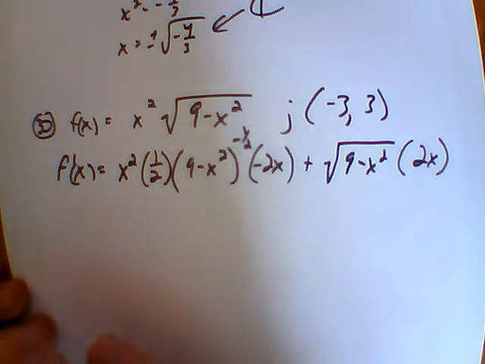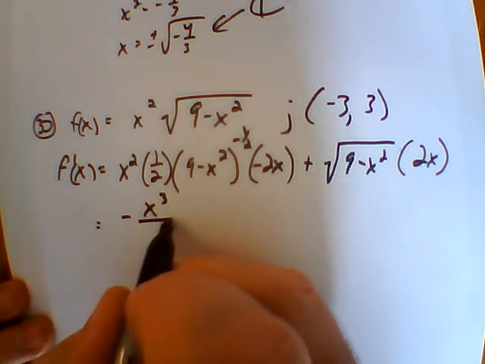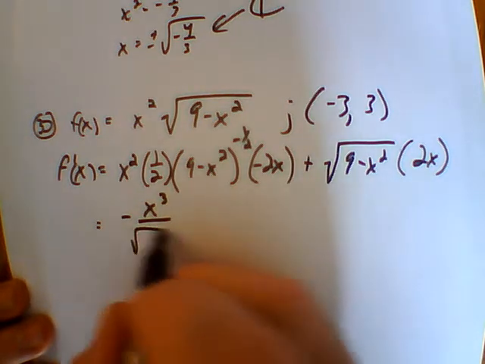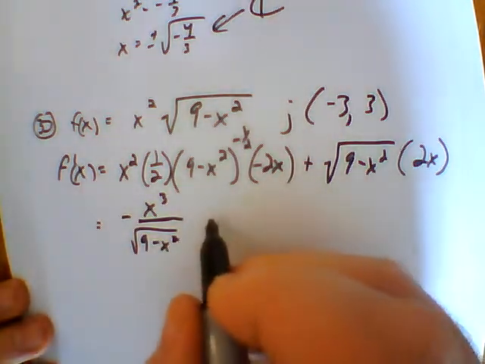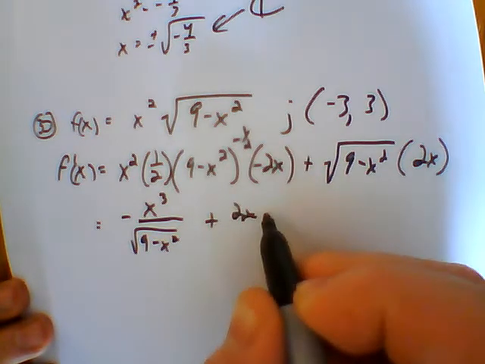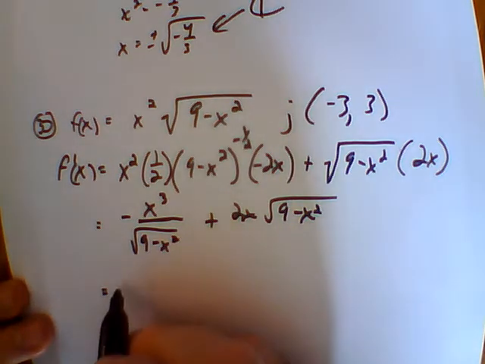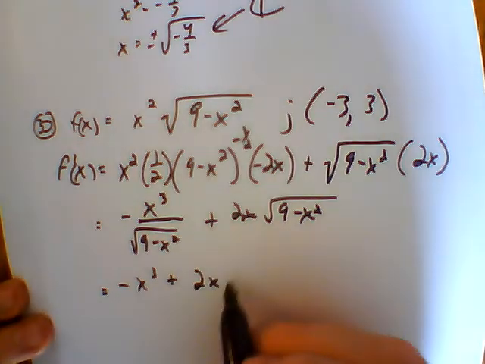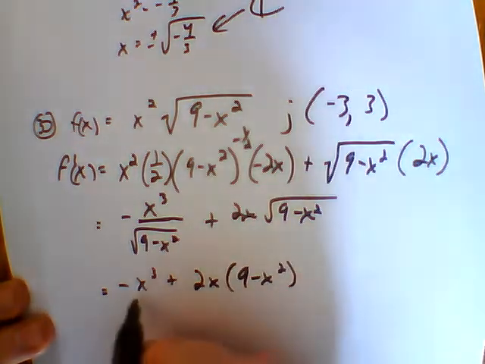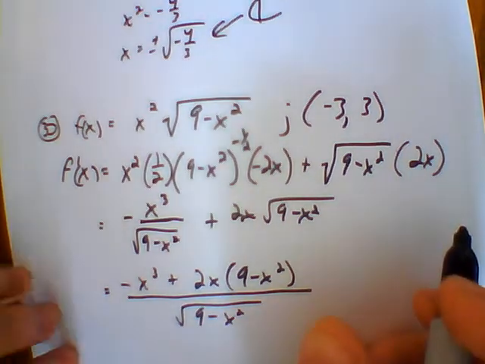So we see here's our derivative. Now let's clean this up a little bit. We see that this is a negative x cubed over the square root of 9 minus x squared, plus then we have 2x times the square root of 9 minus x squared, in which then we get negative x cubed plus 2x times 9 minus x squared, and then this is all over the square root of 9 minus x squared.